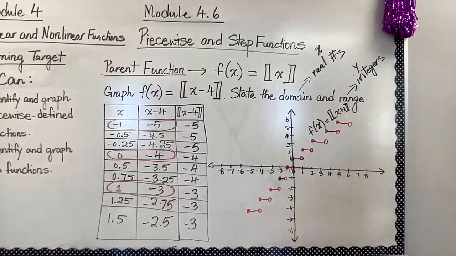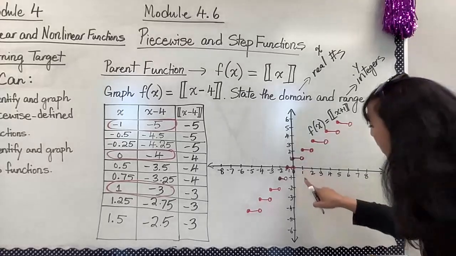If I start graphing this onto my graph over here, this is what the step function is going to look like. I will go to 1 and negative 3, and start from there.